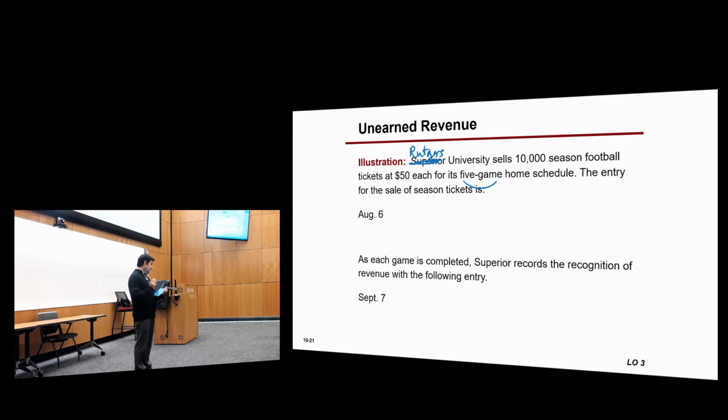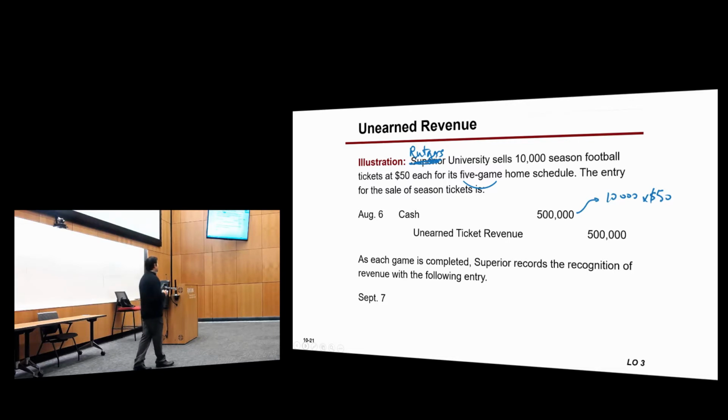The entry for the sale of season tickets is, how much did the company receive in cash? 10,000 times 50, which is 500,000. Did the company earn any of it? Not yet. So this is a liability. Here we credit unearned ticket revenue.